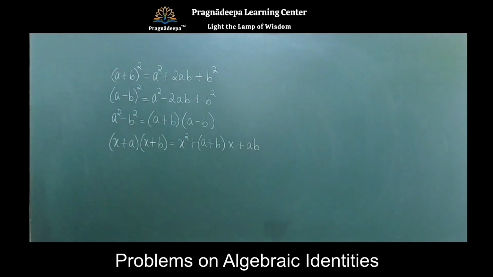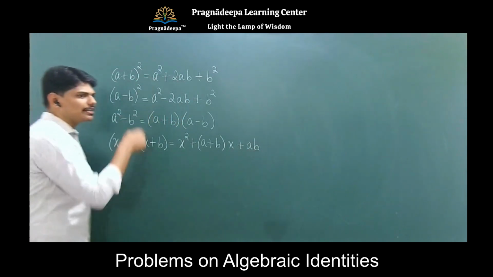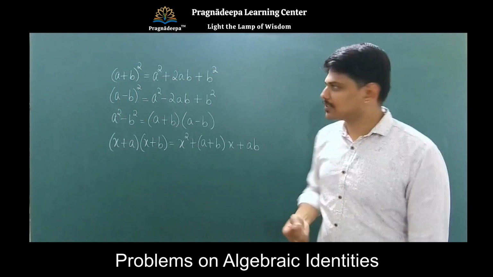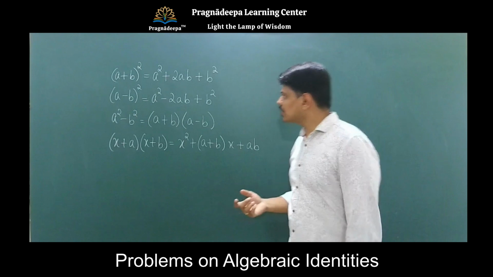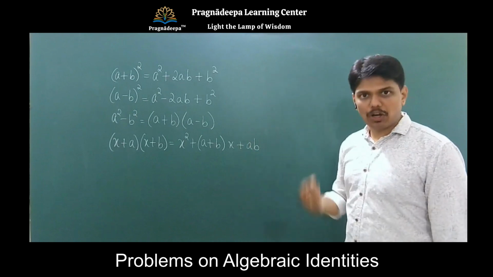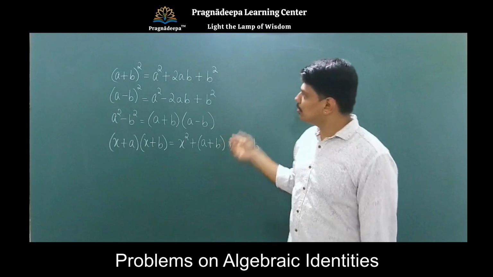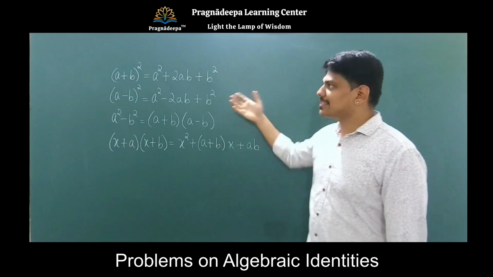So these are the four different algebraic identities that we must be aware of in order to solve the problems. For the next 10-15 minutes, we will be solving problems based on these four identities. So don't forget these identities, students.